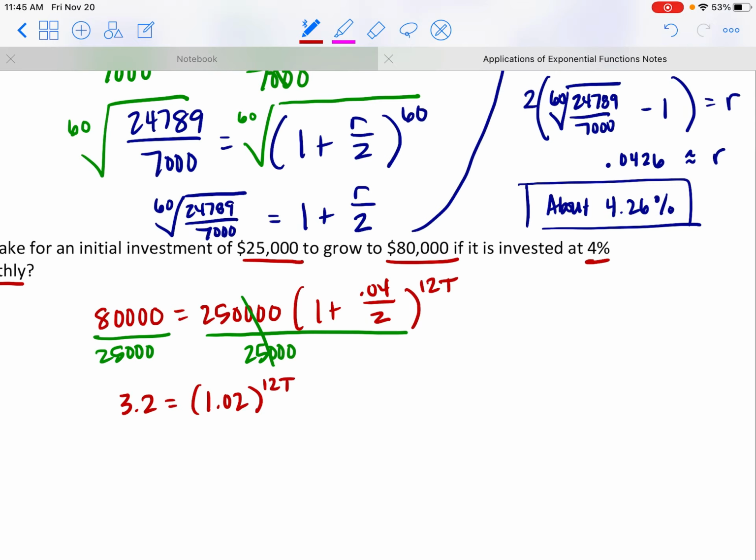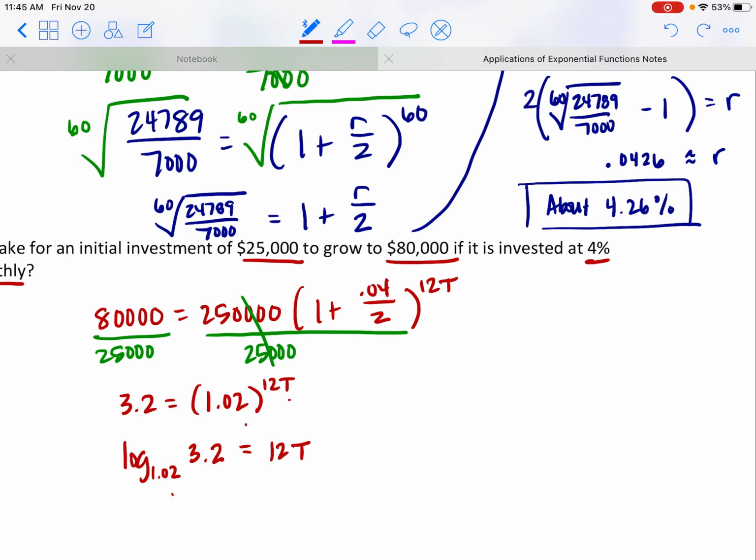Well, this is in perfect shape here for us to rewrite this in log form. We've got 3 components, and that's what we need to rewrite in log form. So rewriting this, we're looking at the log with a base of 1.02 of 3.2 has to equal our exponent, which is 12t. So remember, the base is the base, and the exponent is the answer.